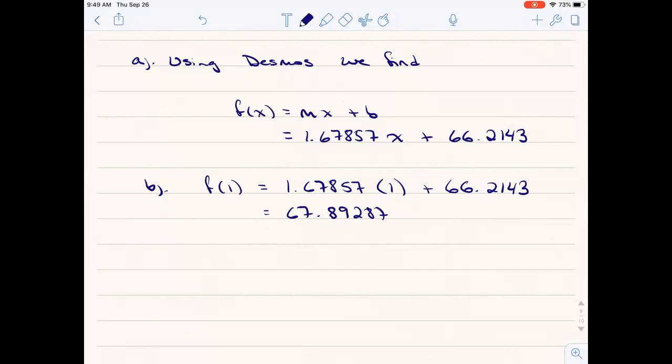So at 7 a.m. we predict the temperature to be 67.9 degrees Fahrenheit.